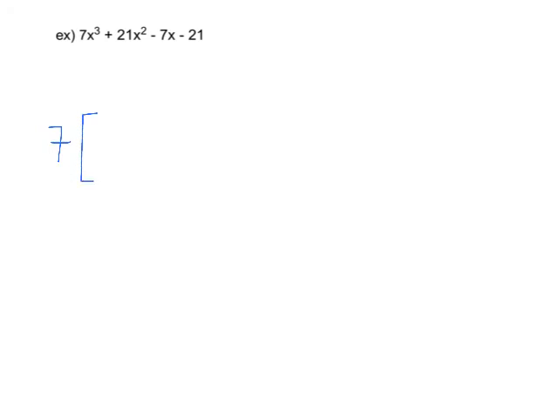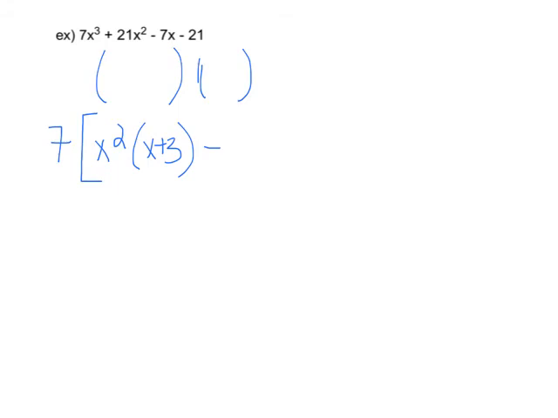So I have 7 and then I have x squared times an x plus 3. So all I did was I used my grouping method to say, okay, here's my two groups. And then I'm going to subtract, and on this group, I'm going to factor out a 1, or actually a negative 1.